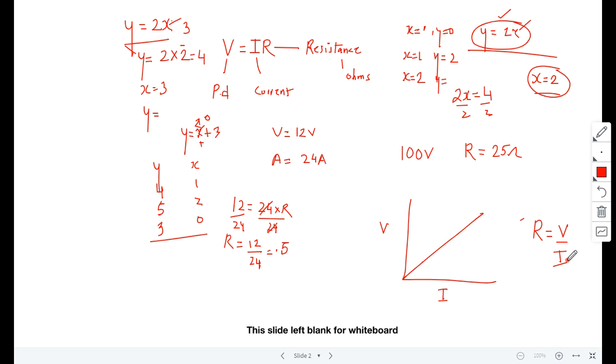Next is that it's not necessary that all the conductors follow the same rule, or that all the materials follow Ohm's law. It depends on the material. Those conductors that follow Ohm's law are ohmic conductors.